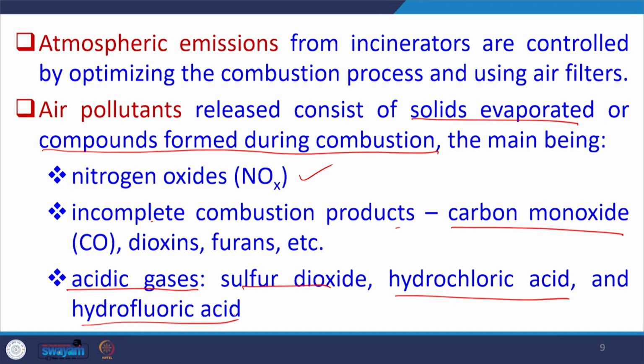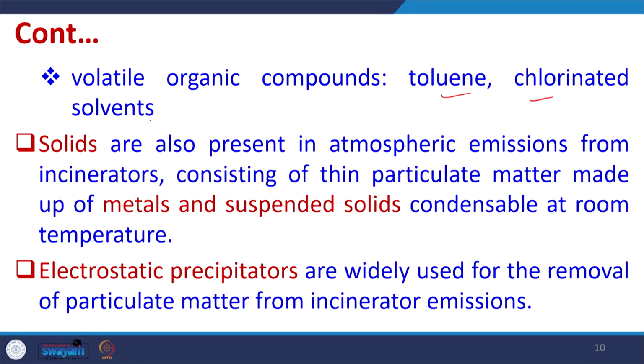If halogens are present in the sludge, these gases, hydrochloric acid, hydrofluoric acid, etc., may also be formed. Volatile organic compounds such as toluene, chlorinated solvents, etc. may also be released during the incineration or combustion process.